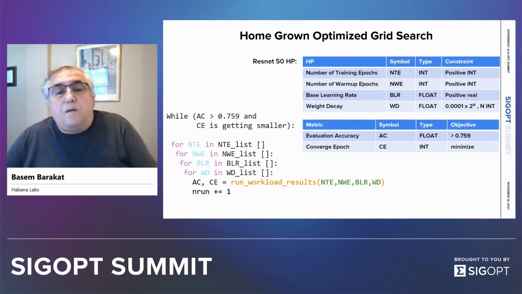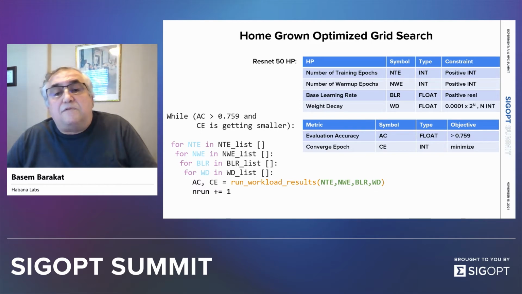In this slide also, I will be discussing the homegrown method, so the manual search we've done, or the grid search, our version of the grid search. For that, I will be discussing the hyperparameters we use. We have 4 of them.